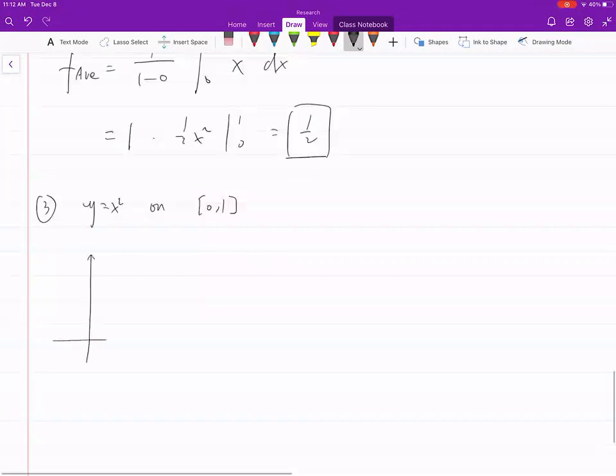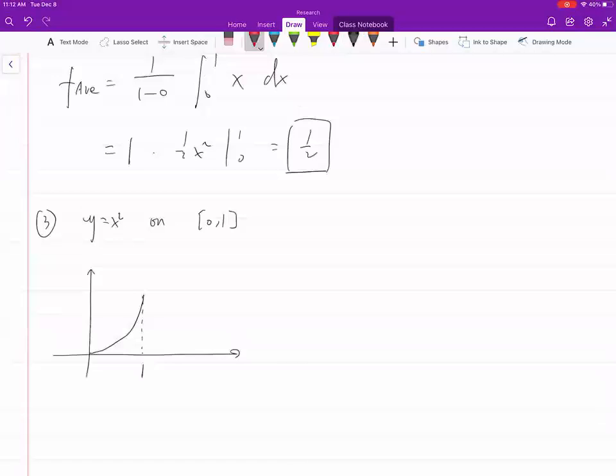Now think about this case. Where is the average? Well, number one, it cannot be 1/2 anymore. Makes sense here? If it's a triangle, above, below, they're the same. They cannot be the same anymore. So this is 1/2, and it cannot be the answer.